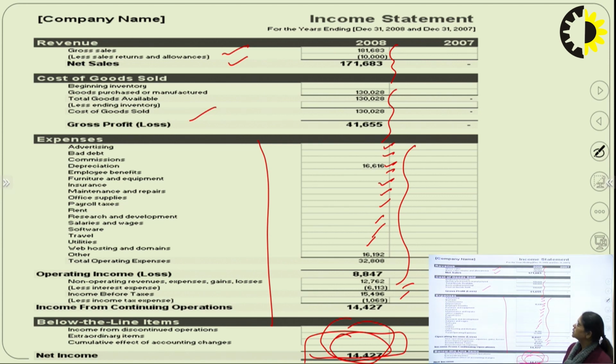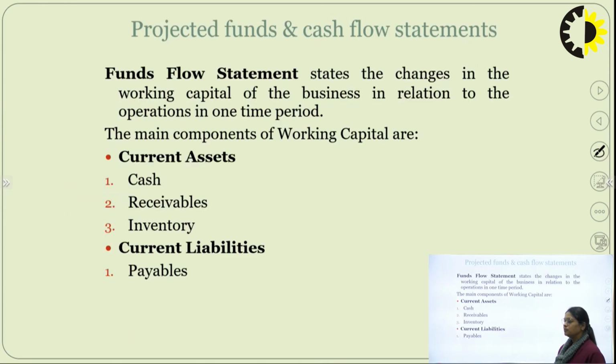So we calculate the income statement of any company by subtracting the expenses value from the net sales value, and finally we get the net profit value of the company. On the basis of this net profit value or net income value, you can say whether your company is in a good situation or a bad situation.